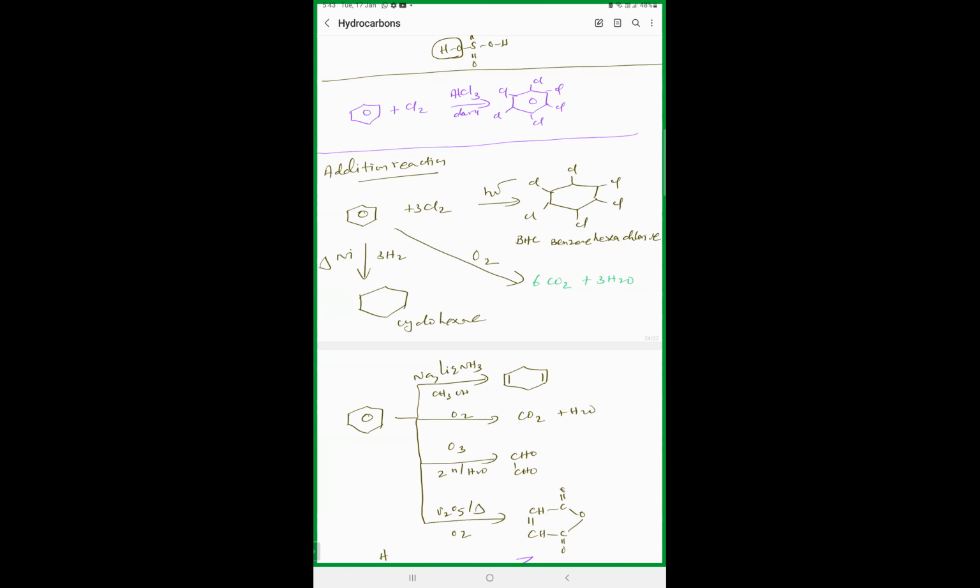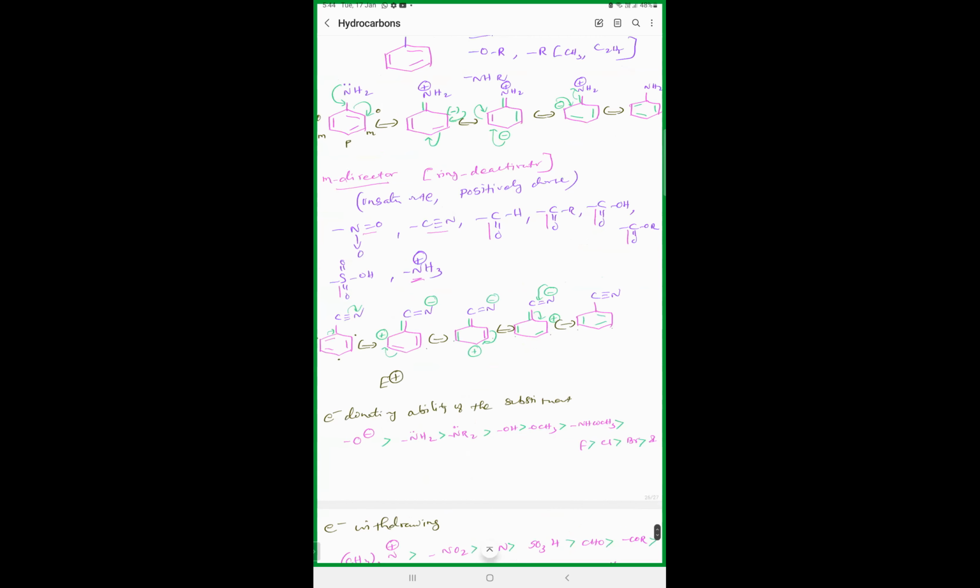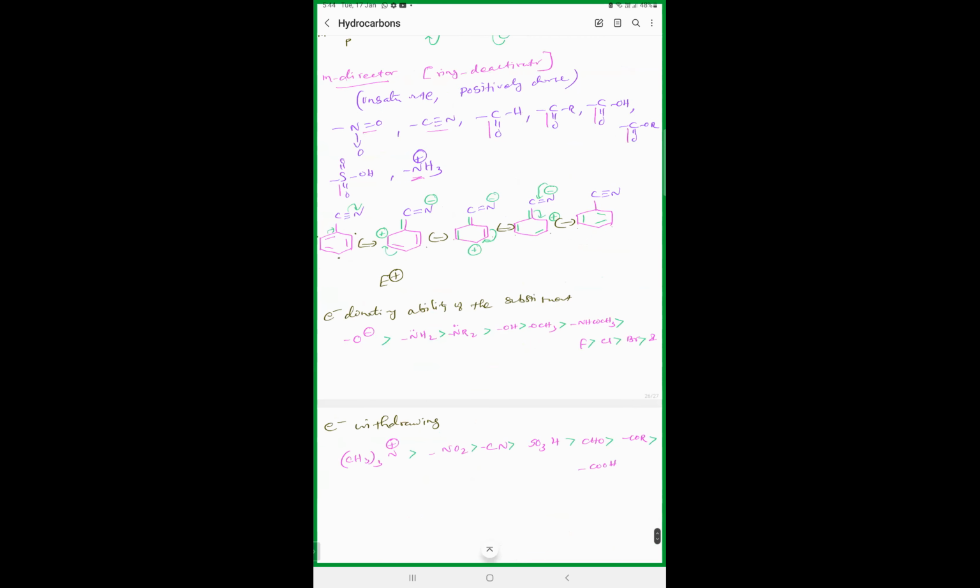I think we have to start redox reaction, right? Shall we do the problems or start the redox reaction? Which one will we do today? We will start with redox reaction. Okay, we will start the redox reaction. Good.